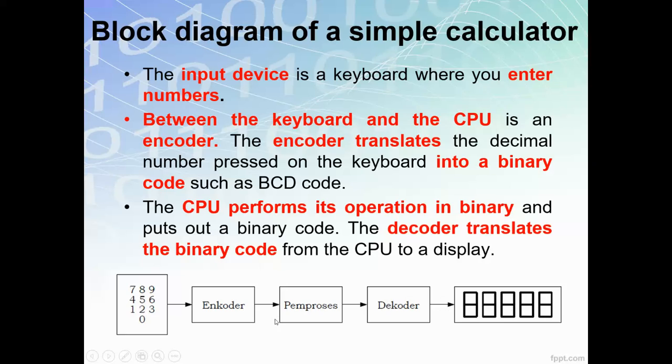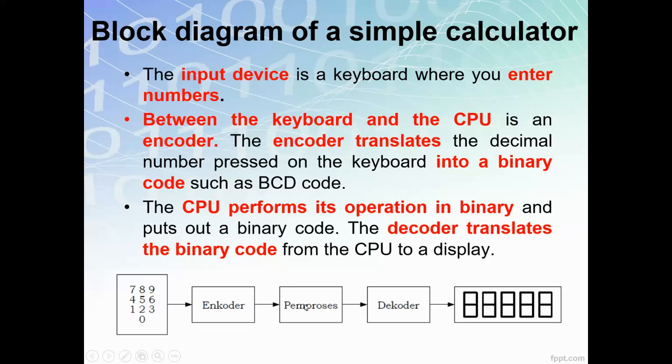For the display. So maksudnya kalau tekan calculator, you tekan satu. So satu tu akan di-encode by the encoder, dan dia akan translate into a BCD code dan diproses oleh CPU dalam bentuk binary, sebab komputer kita mostly perform in the binary number.